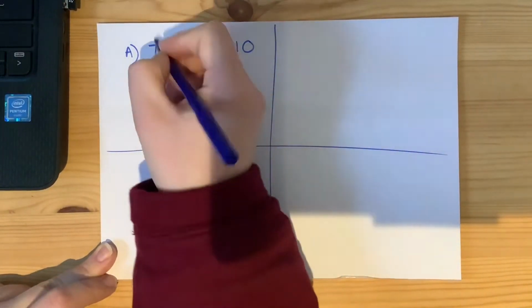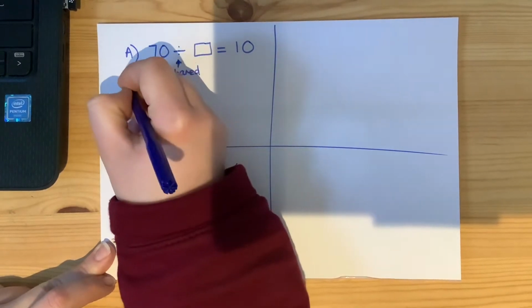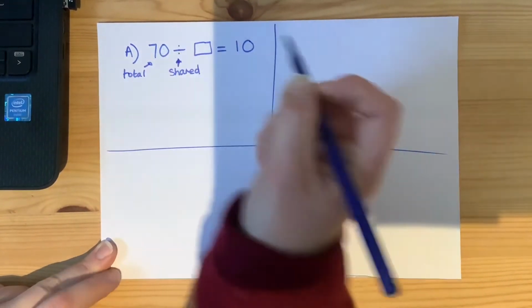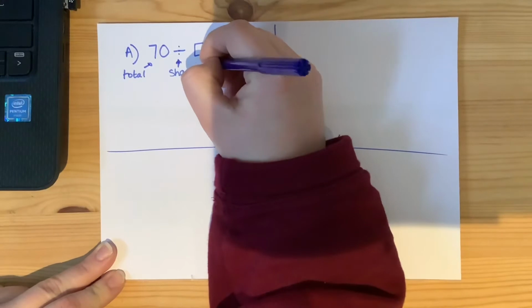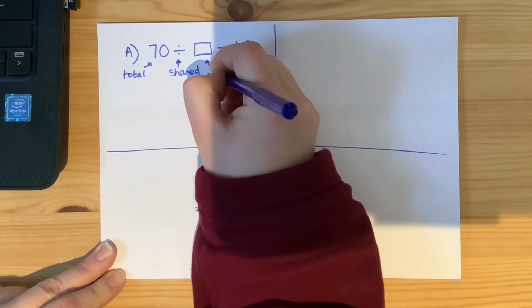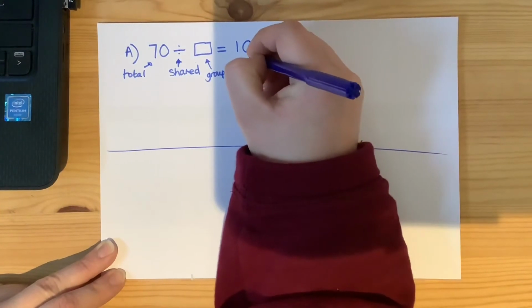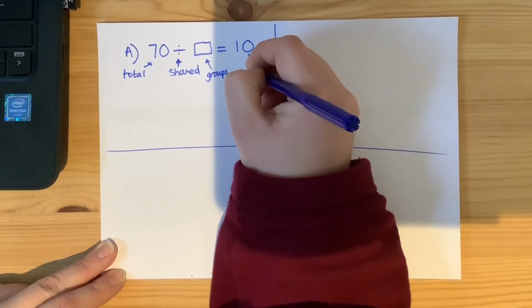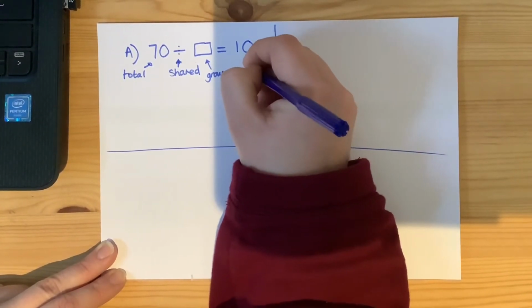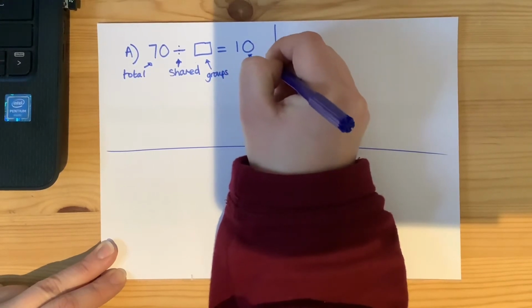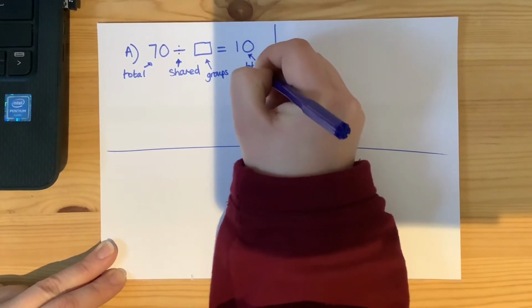Now with division, your first number is always your total, then you share it into groups, and this is your number of groups, and your final number, your end result, is your how many in each group. It's the total in a group.